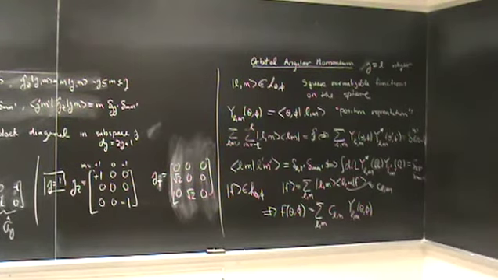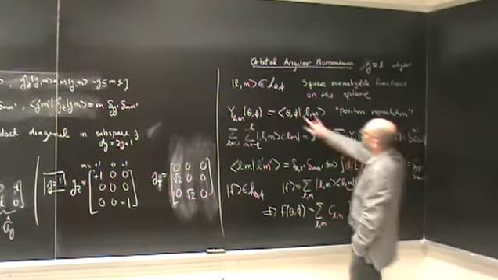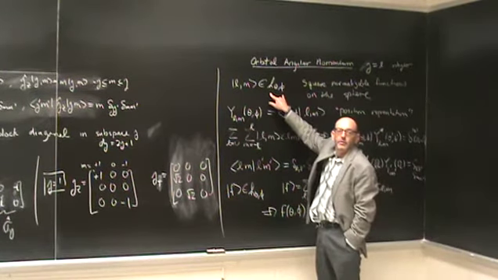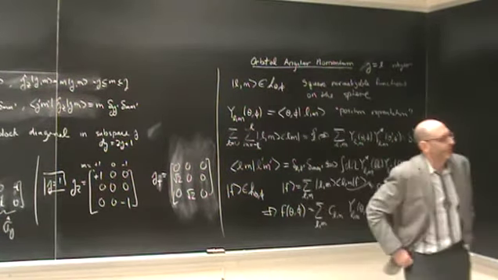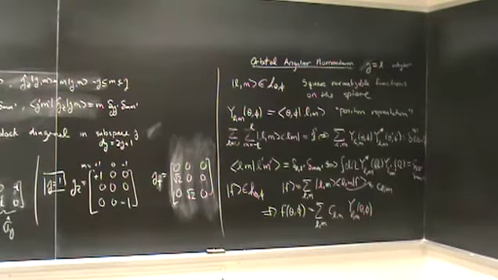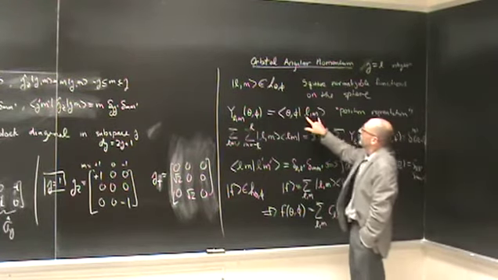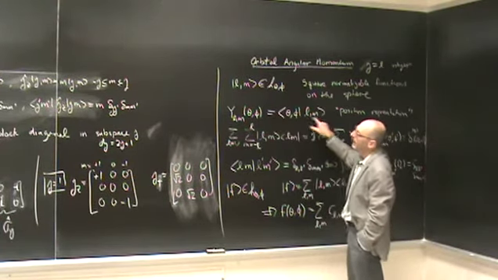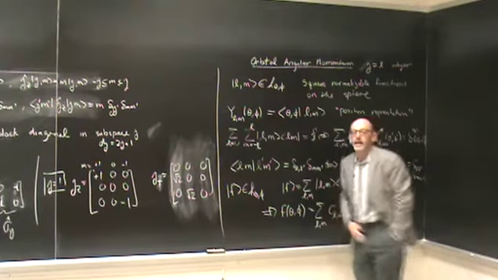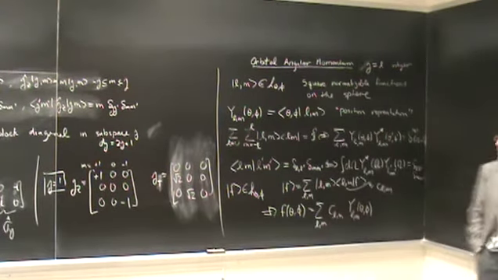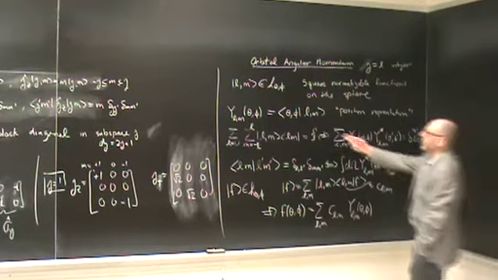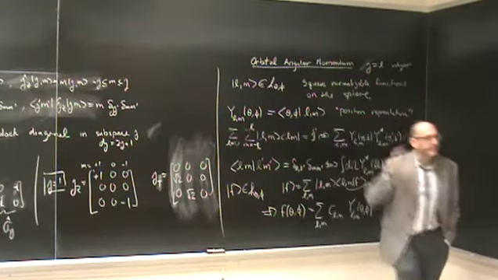And as we discussed, the states then live in a Hilbert space, which is the space of square normalizable functions on the sphere. So the position representation now of our eigenvectors of angular momentum are, of course, the familiar spherical harmonics.